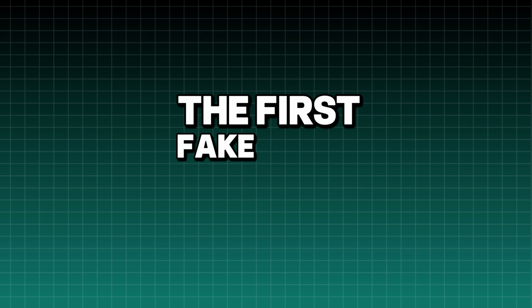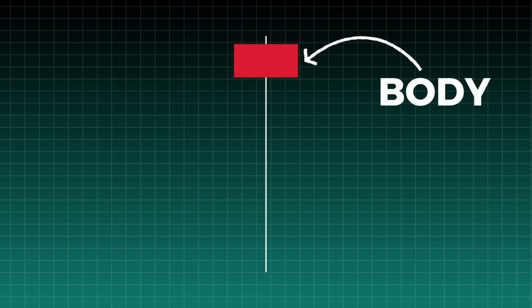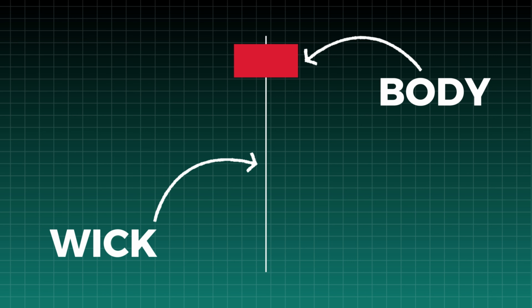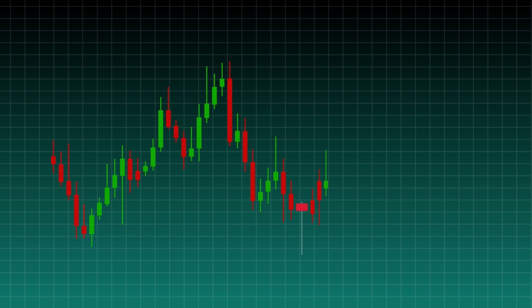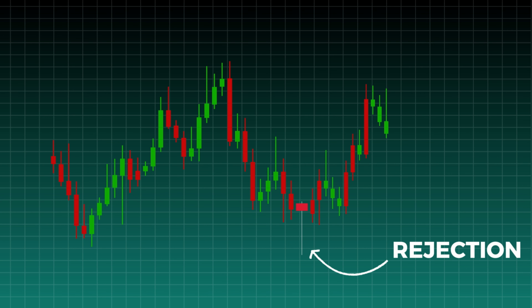The first fake signal you must avoid is what I call the isolated pin bar. A pin bar is a highly popular single candlestick pattern characterized by having a relatively small body and a very long wick or tail sticking out on one side. It is widely used to predict market reversals because the long tail shows a strong rejection of price.